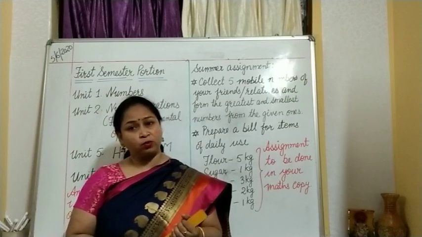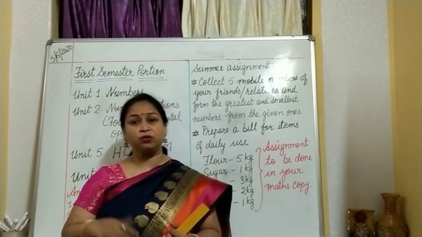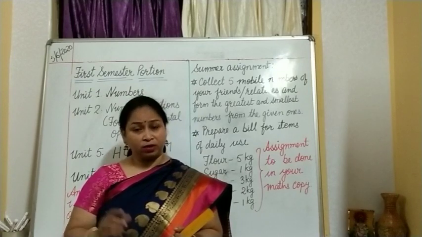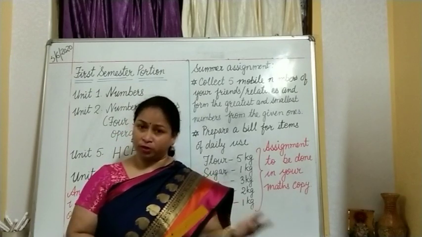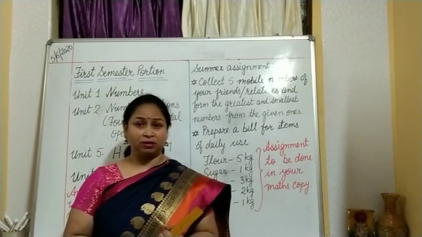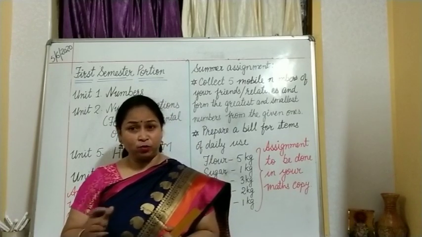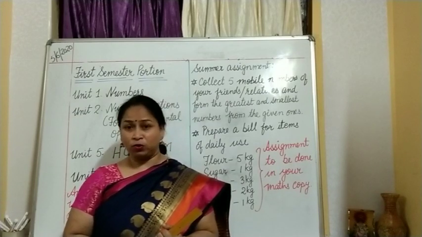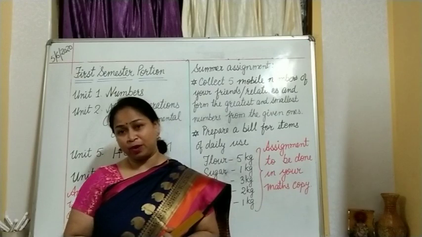Then we have learned to differentiate between factors and multiples. Then we have learned the properties of factors, properties of multiples. Then do you remember we have learned a new method, the sieve of Eratosthenes, how to select the prime numbers.